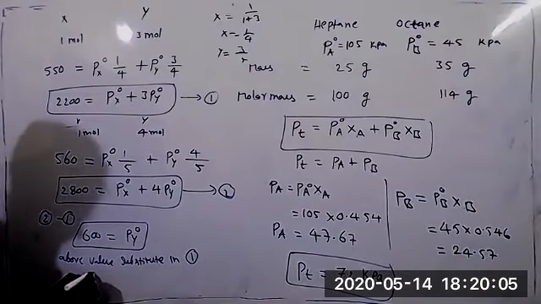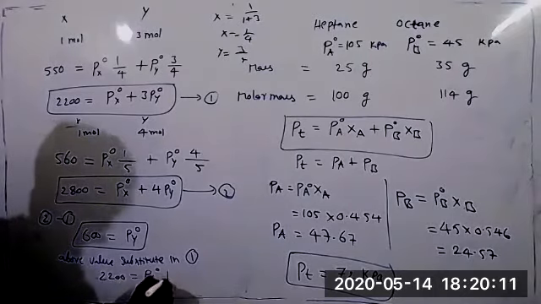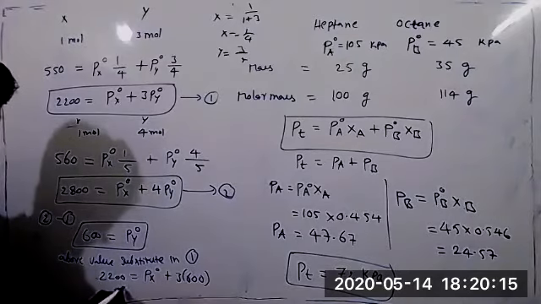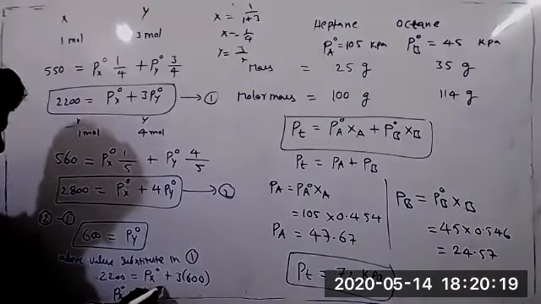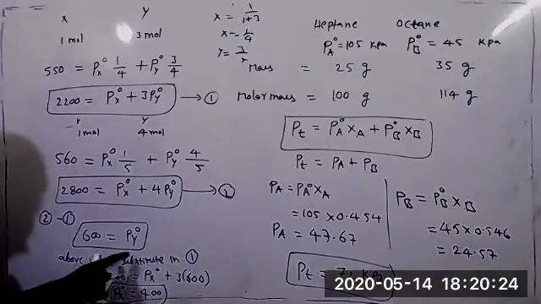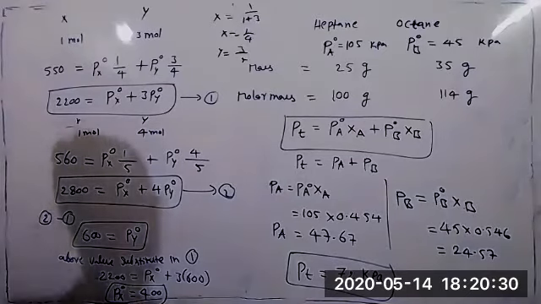Px power 0 becomes 400. This is the answer. Pure vapor pressure of X is 400 mmHg, Py is 600 mmHg. Choose the correct option.